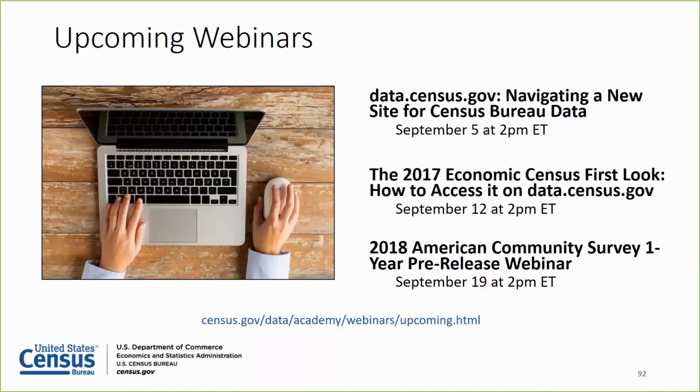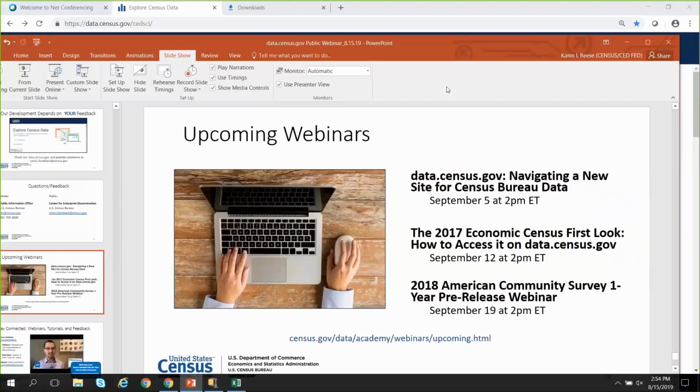Our next question comes from Ruby Zamone. Hi. I have a question in regards to the filtering system. Is there a way to save the searches and load the searches as well, like you can with American FactFinder? Yes, there is. We actually have an FAQ where it shows you how to save the searches. So let me show you really quickly.